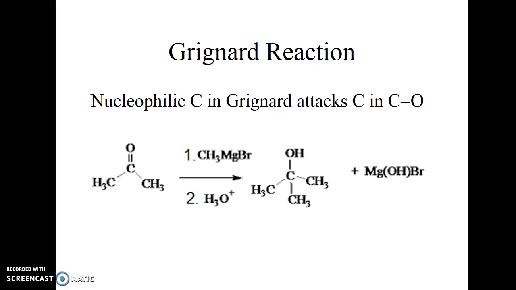When we have either the Grignard reaction or the hydrate forms, what we're having is nucleophilic attack of the carbonyl. In nucleophilic attack, this has a negative charge on that carbon, and what does it do? It comes and attacks the carbonyl, and the negative charge jumps up onto the oxygen, which is then protonated with the acid wash.